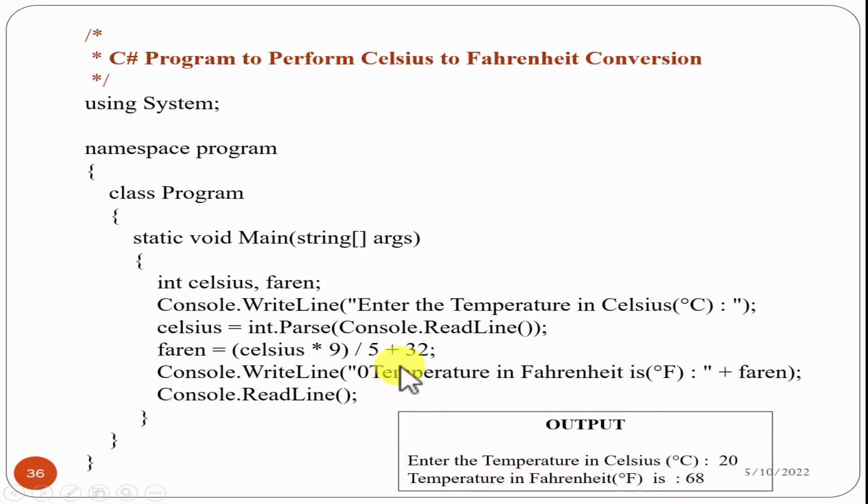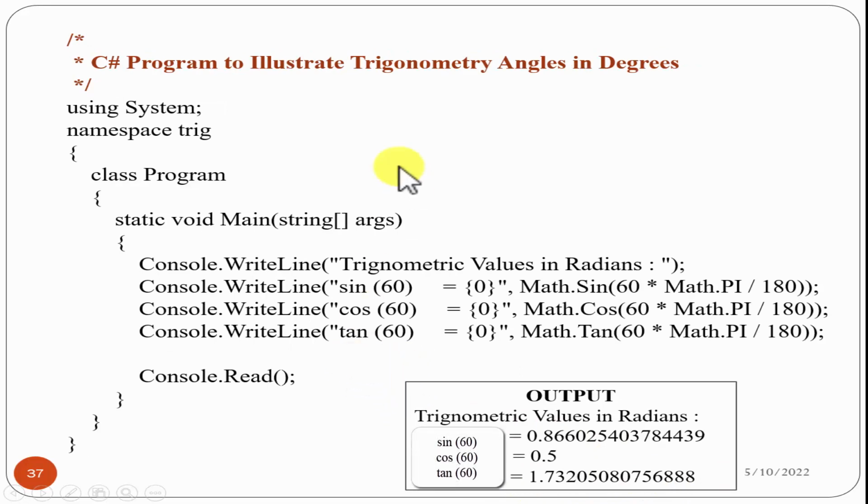Thank you, and come to the next program. It is again one program, and we can see again the performance of the operators as per the precedence. Here we know the trigonometric values very well, with the Math class. From the Math class we can directly access the sine, cos and tan methods.